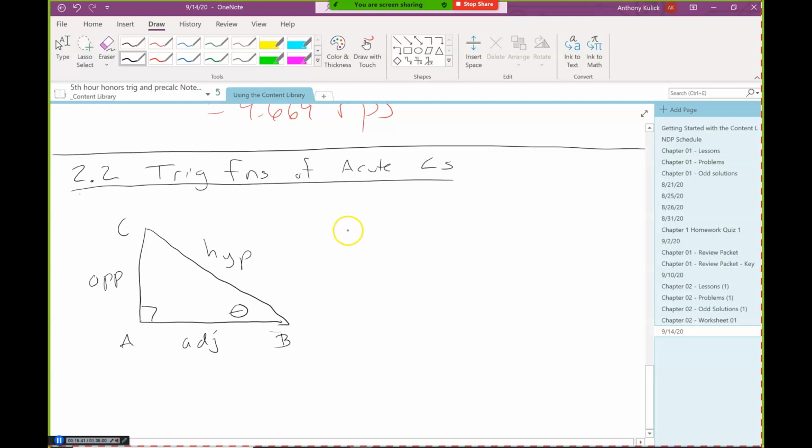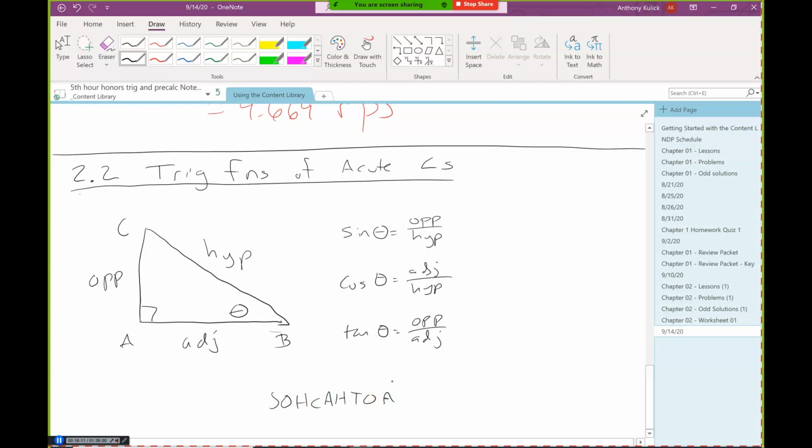From your geometry class, you probably remember that sine theta is opposite over hypotenuse, cosine theta is adjacent over hypotenuse, and tangent theta is opposite over adjacent. We had an acronym that we used to help us remember those definitions.